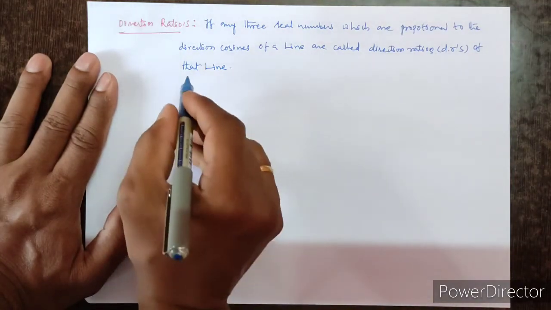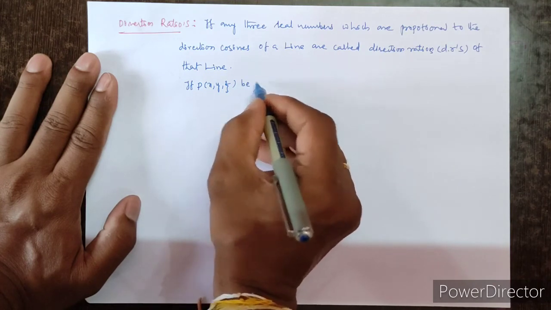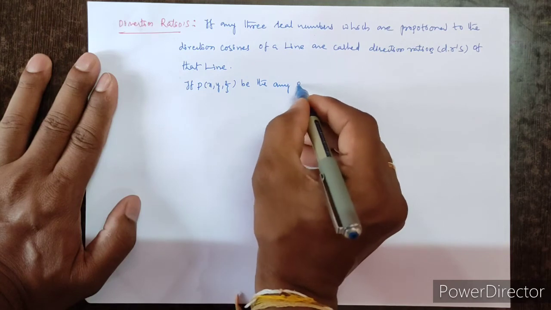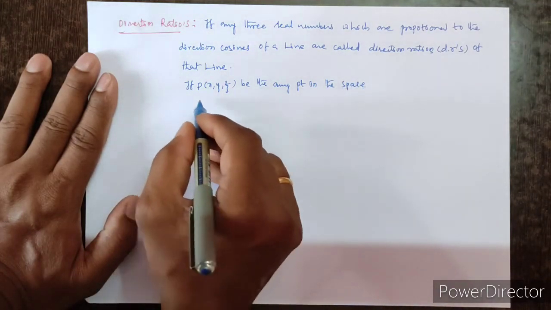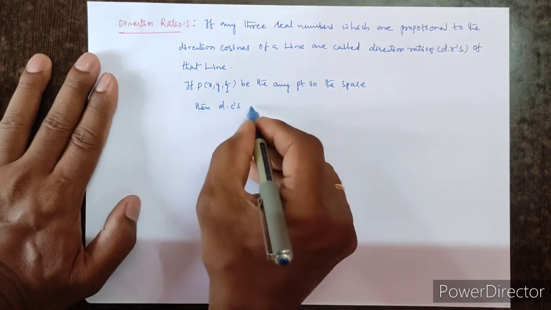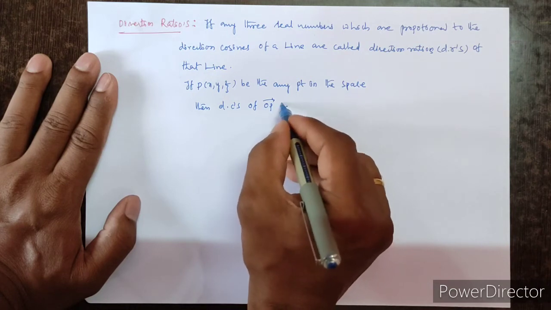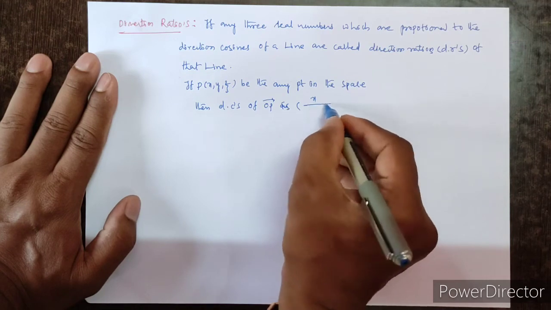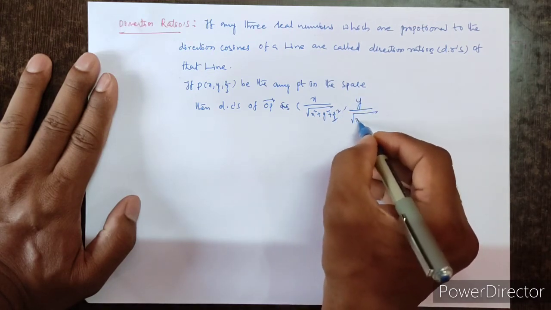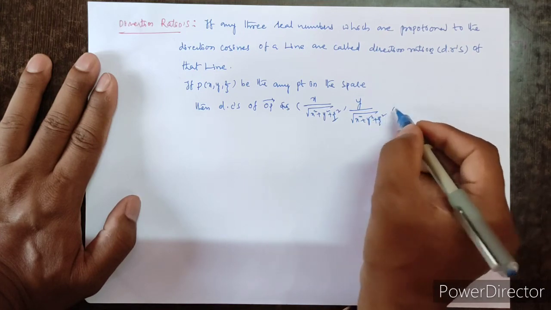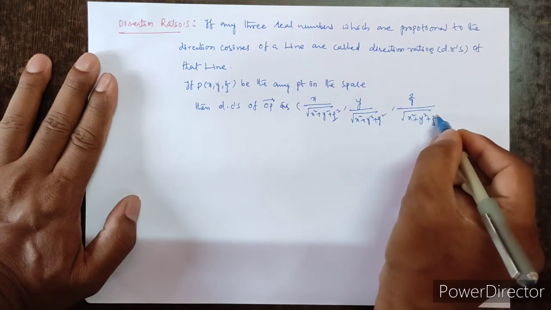Suppose point P (x, y, z) be any point in space, then the direction cosines of OP are x by root of x square plus y square plus z square, y by root of x square plus y square plus z square, and z by root of x square plus y square plus z square.